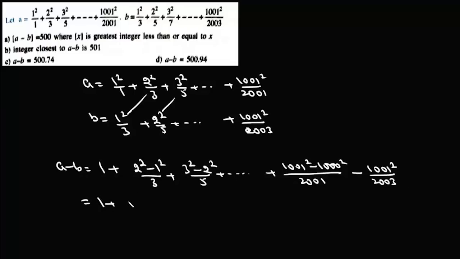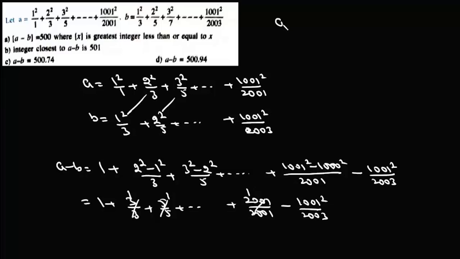Now this is 1. This is A plus B into A minus B. So there will be 3 upon 3. This is 5 upon 5. And here it is 2001 upon 2001 minus 1001 square upon 2003. So each of these terms is equal to 1. So this is 1 plus 1 plus 1, 1001 times.